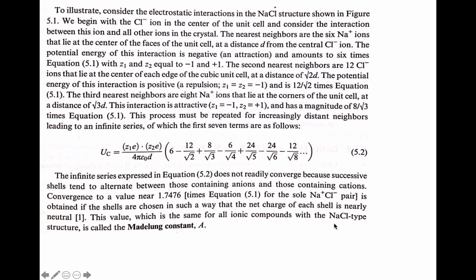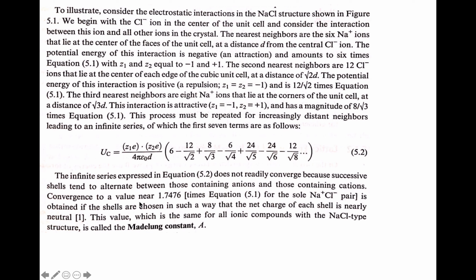That's why Woodward and colleagues describe it this way. They point out that this series right here, it does not readily converge. It's not a mathematical function to say, oh, this easily converges. Because as we successively move further out, we do have anions and cations that were found there, but their numbers are changing in a way that doesn't make it as easy as that one-dimensional description.